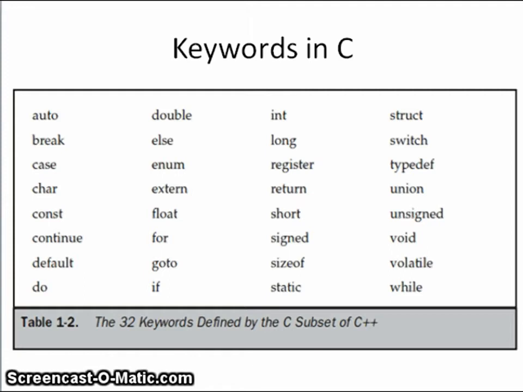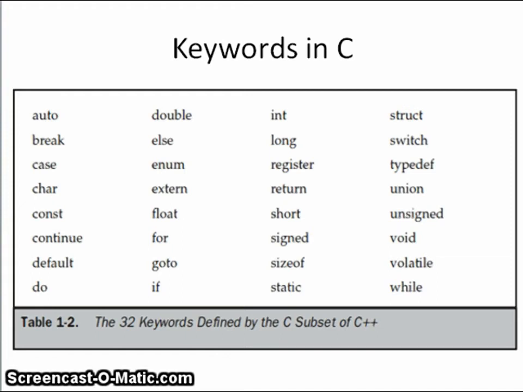But in my opinion, this is 50%. The rest 50% is if you have practiced using these keywords to develop software, to develop applications, or to develop programs, then you can say that you have got 100% of C language.